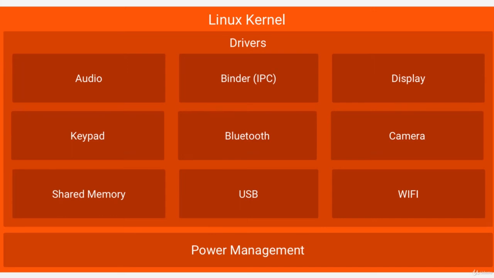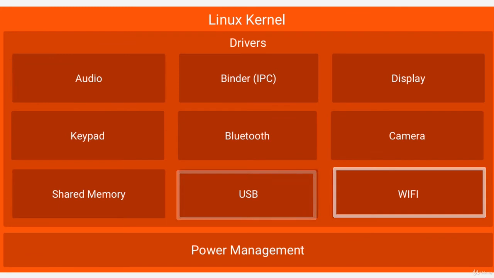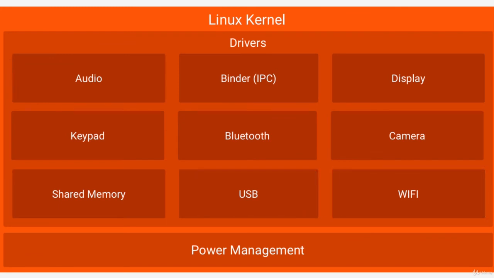Now, at this level here, we're dealing with power management, the batteries, how the batteries are charged and so forth, how the battery allows the phone to turn on and do all sorts of things. So these are the very, very basics, okay? And within there, we have the audio, we have Bluetooth, we have USB, Wi-Fi, camera, and so many other drivers that allow the whole operating system to actually work.